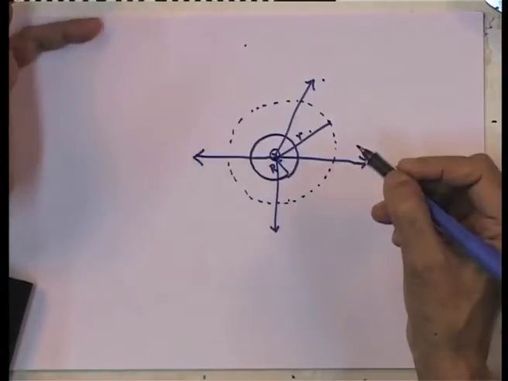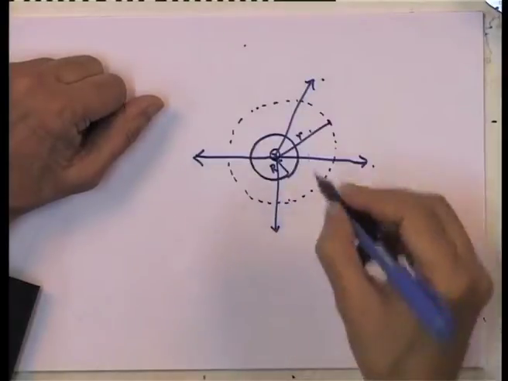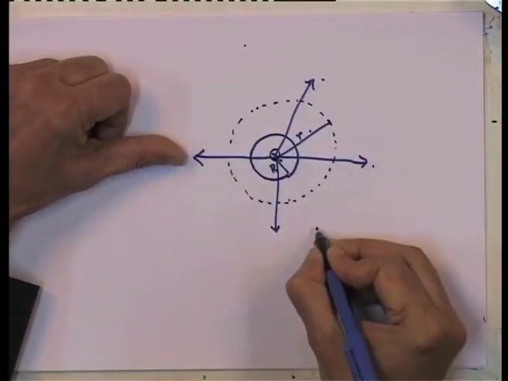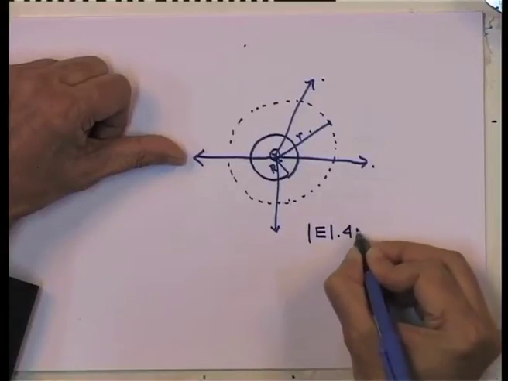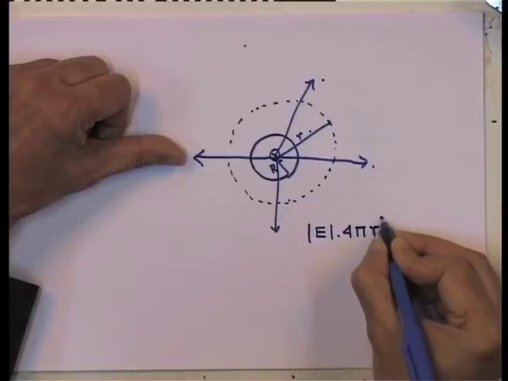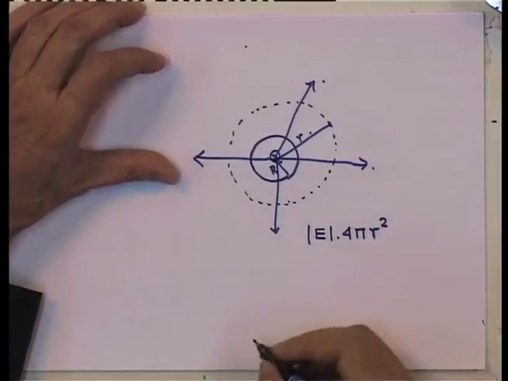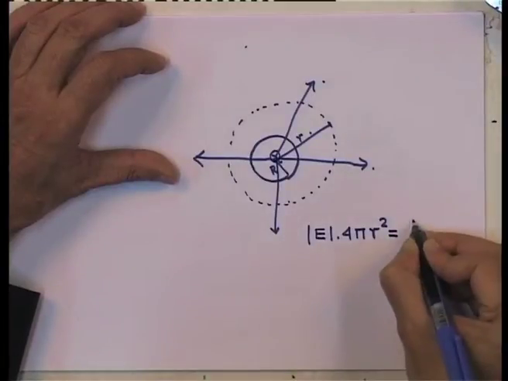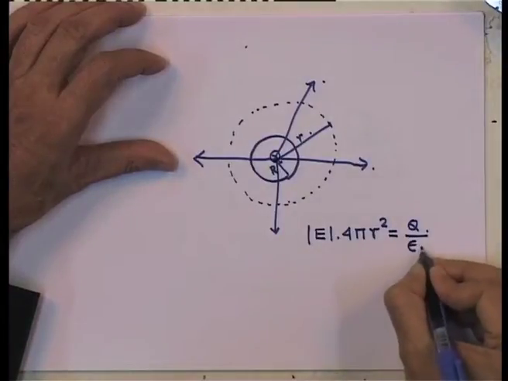The magnitude of the electric field is everywhere the same, because it is a sphere. This is the Gaussian sphere, imaginary sphere. So, my flux is E times 4 pi r square. The direction of the electric field is the radial direction, which I will put in by hand at a later stage, and that is equal to q, divided by epsilon 0.